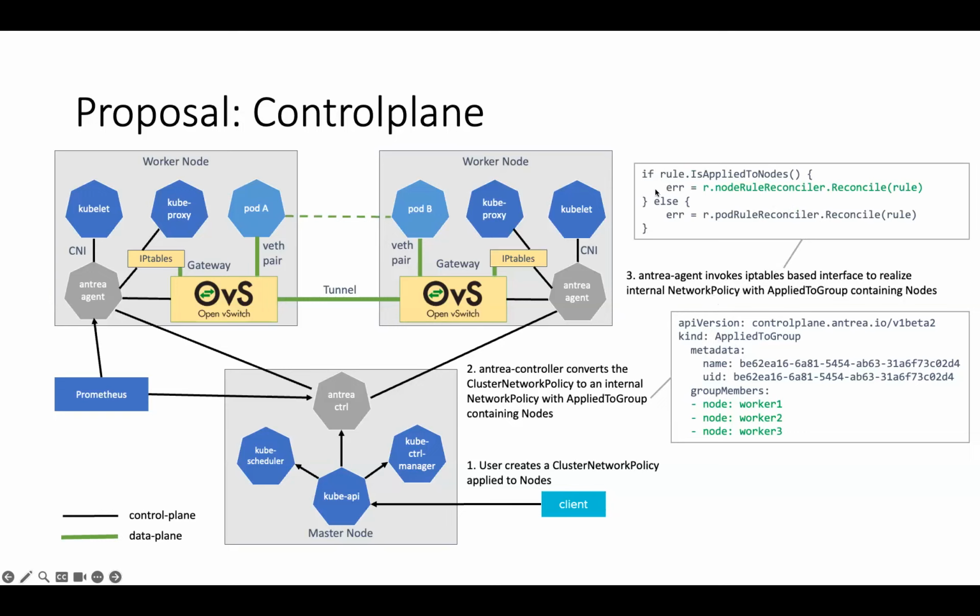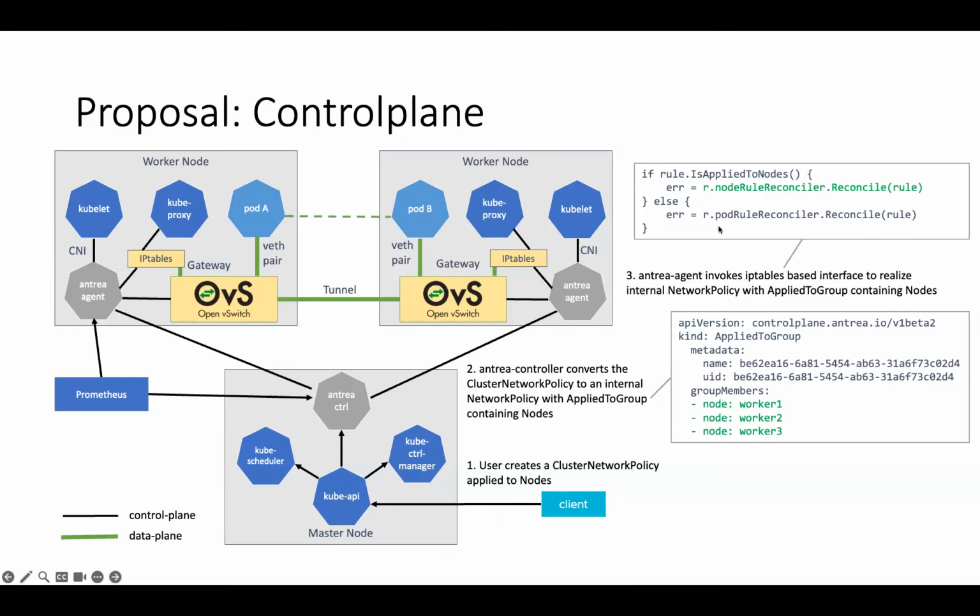For example, when we process a rule in the network policy controller of the Antrea agent, we could check the type of target the rule is applied to, and if it's for nodes, we will have another reconciler, whose implementation is based on iptables and ipset, and call it to realize this rule.